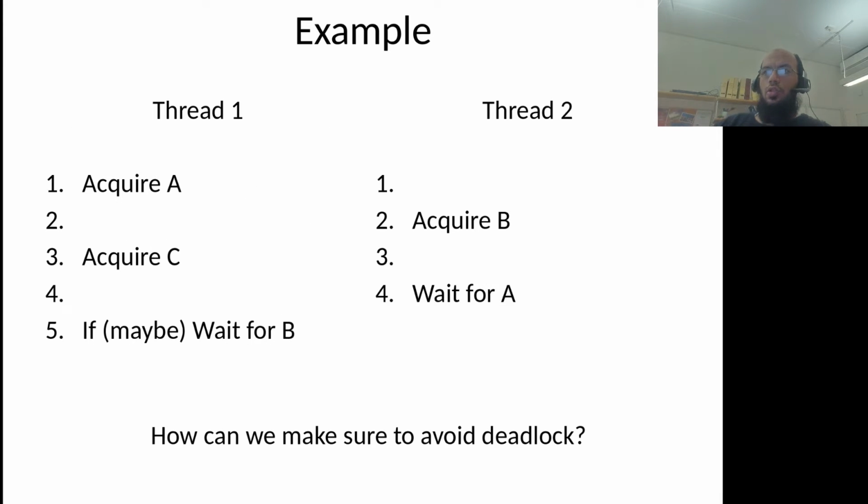So you acquire A, acquire B here, acquire C here, and maybe you will need to wait for B here. If you see this happening, then you will never acquire B here anyway. So you try to say that you cannot acquire B without acquiring A, for example, or if you acquire A, then no one can acquire B. You can set such prevention rules. And that means that your whole program will be much more complex.